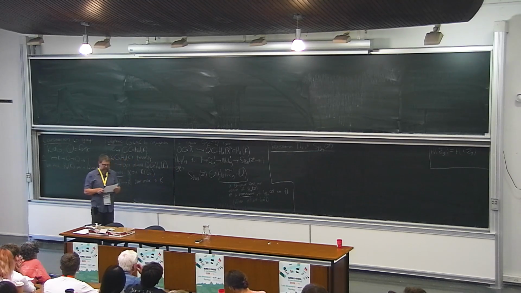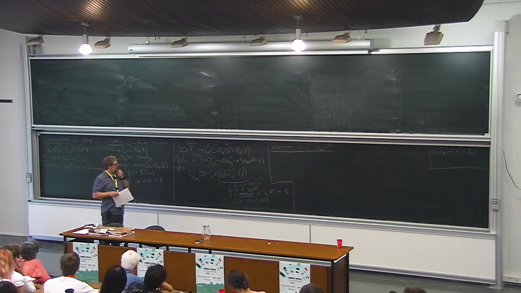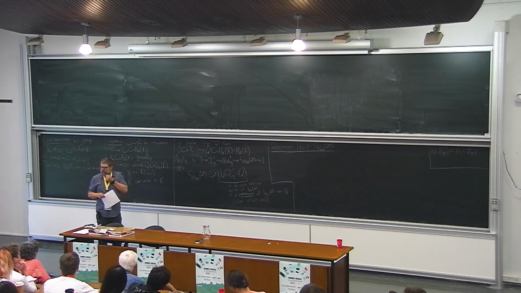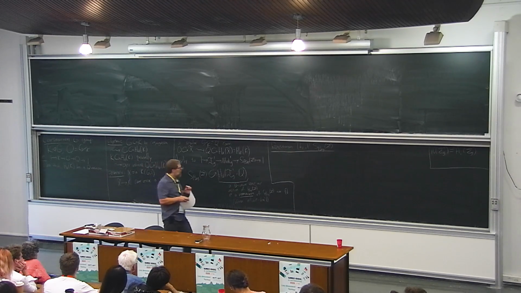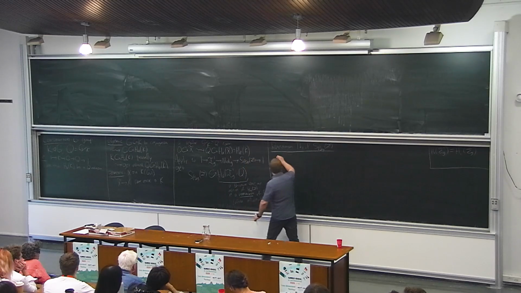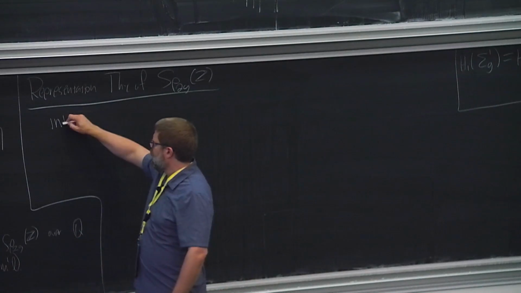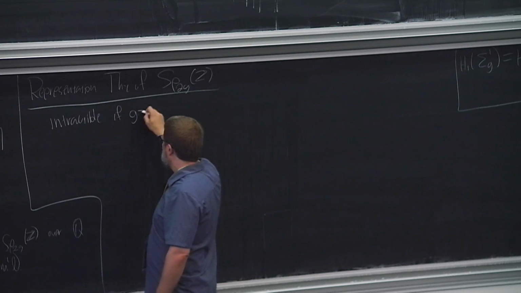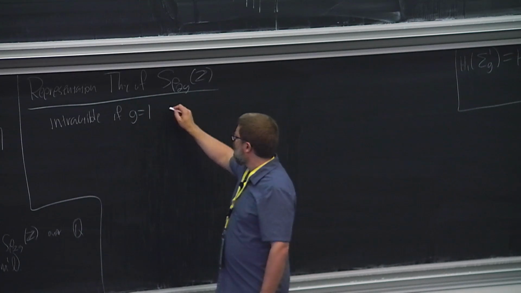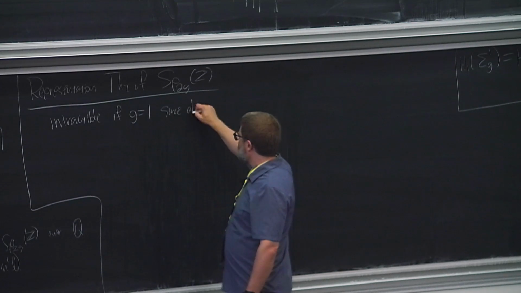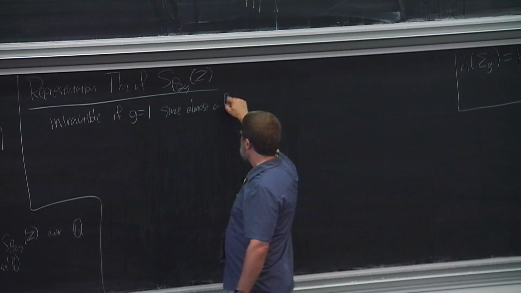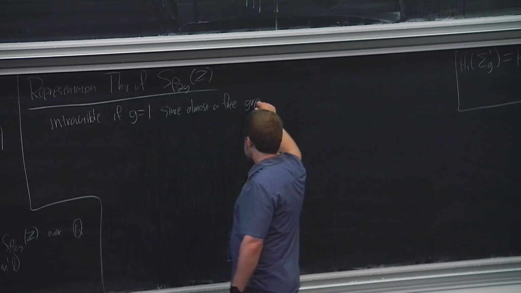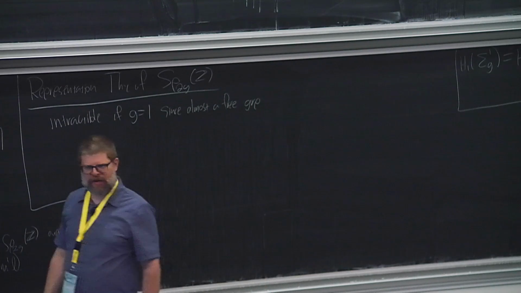So, okay, what's the representation theory of the integral symplectic group? It's actually quite hard. And so this is totally intractable if g is equal to 1, since it's almost a free group. I can't say anything about the representation theory of a free group.